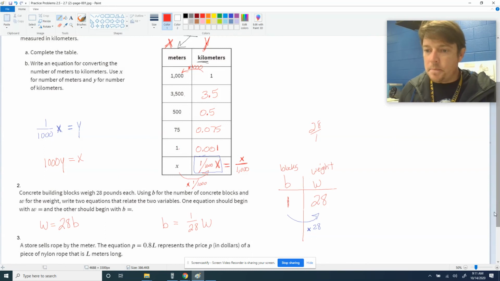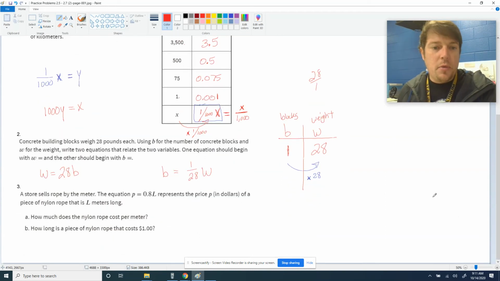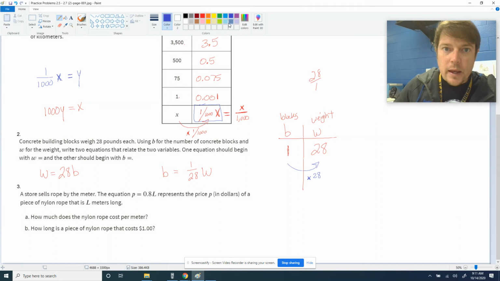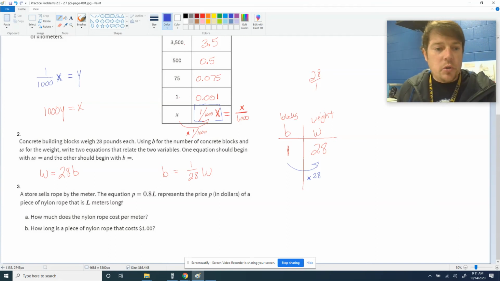All right, last one, number 3. We have a relationship. A store is selling rope by the meter, and this equation represents that relationship. To help you understand it a little better, I'm going to sketch a small table. P represents the price that you pay in dollars, and L represents the length in meters.